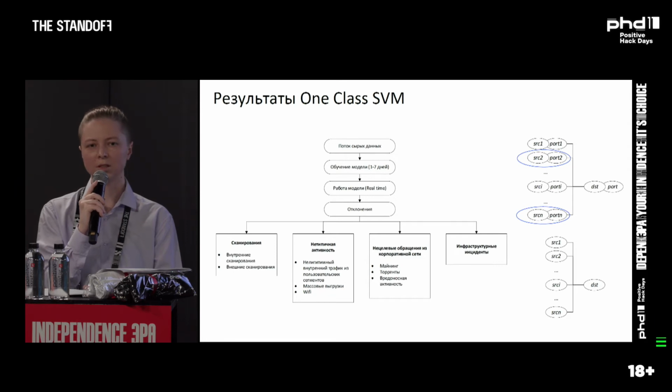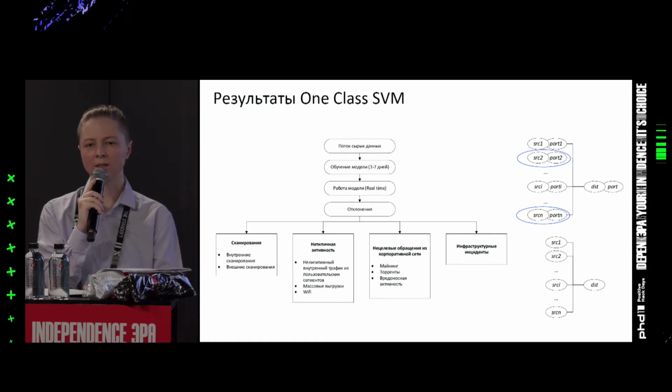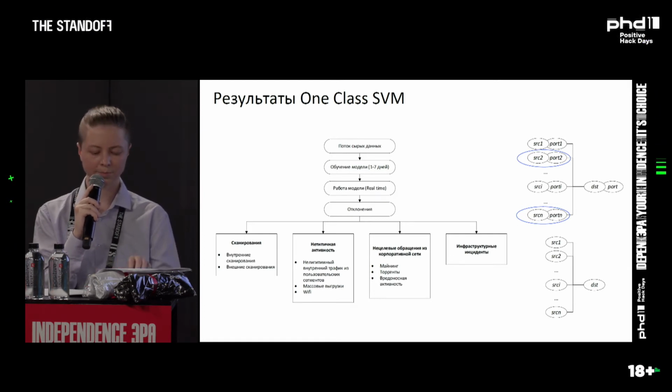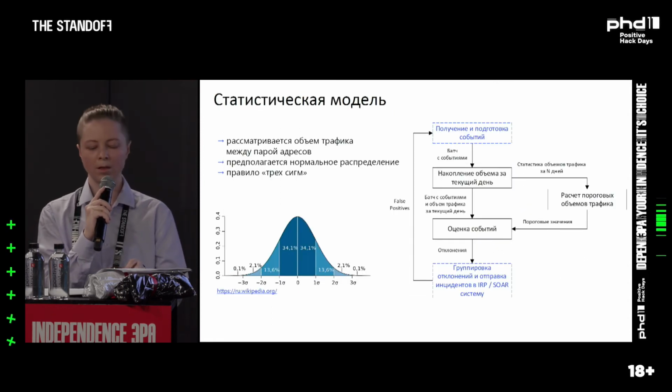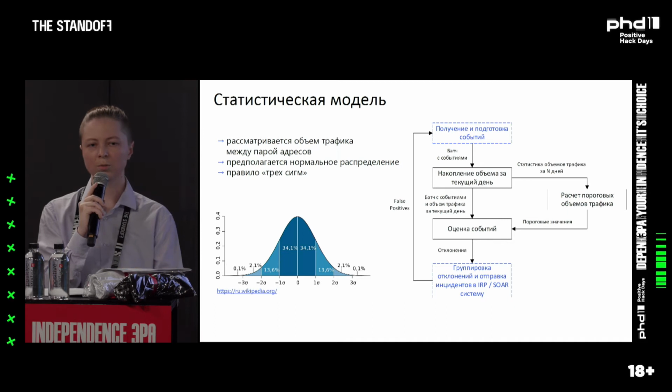The customer would have legitimate scans for vulnerabilities and backups, which were carried out more rarely than once a week. Then we closed them as false positives, and we took that feedback into account, and we no longer matched them as anomalies afterwards.